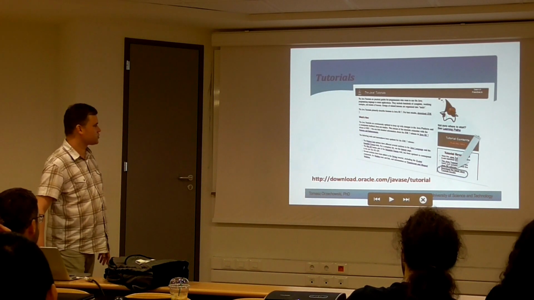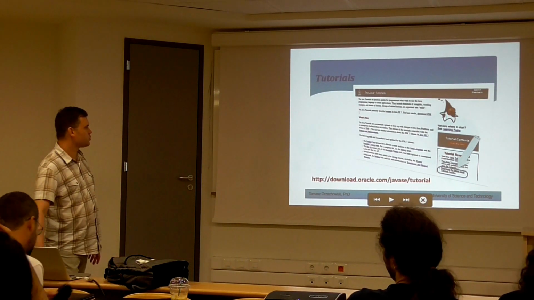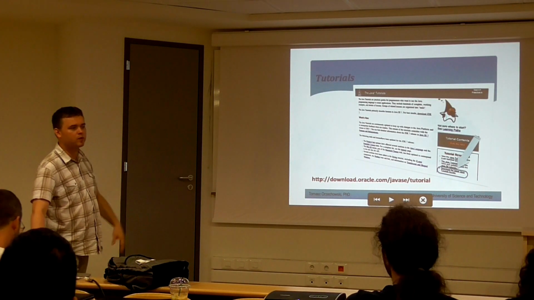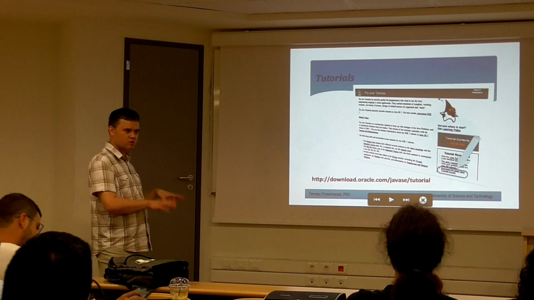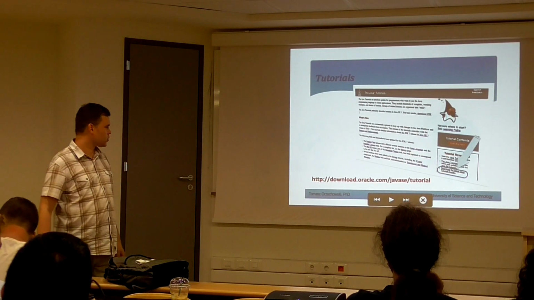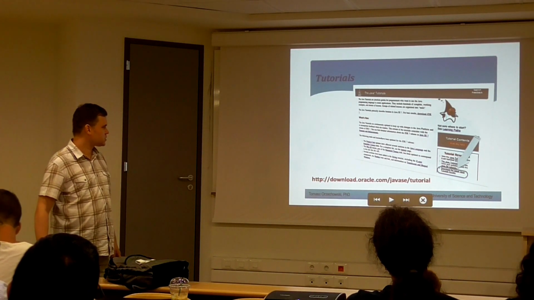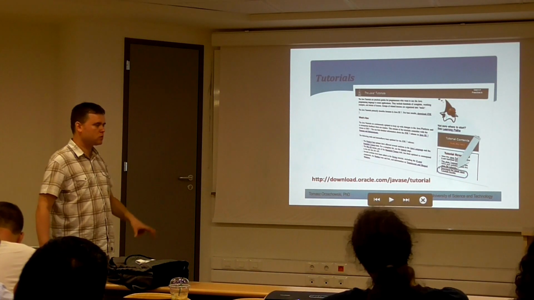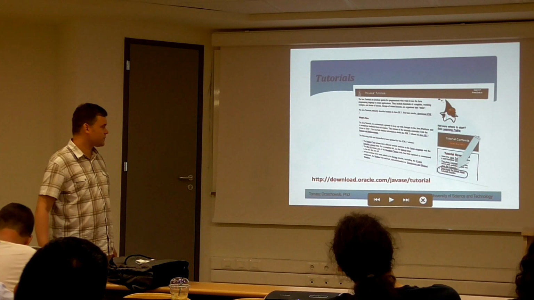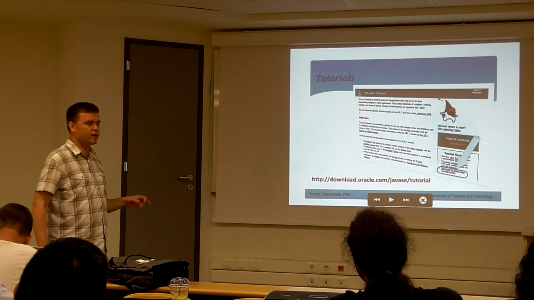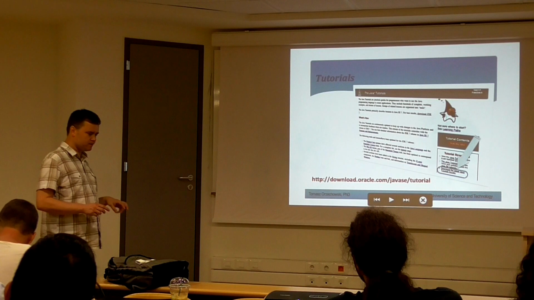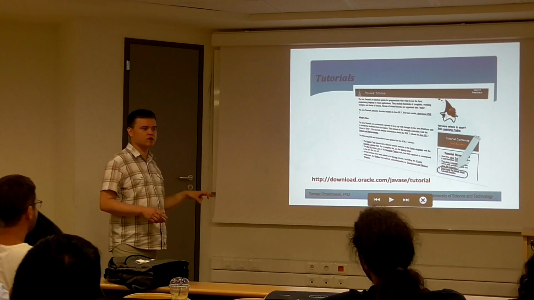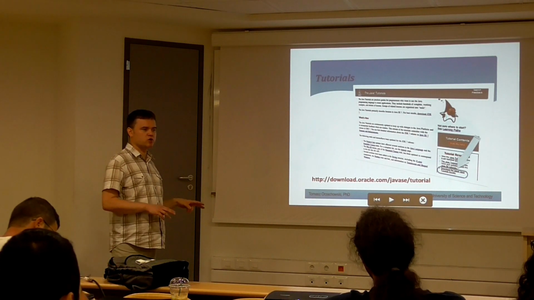Also, there are some tutorials available on the Oracle webpage, so you can download them and, step by step on your own, try to develop your application from very simple to much more advanced. The tutorial is really good because there are some good examples for different features available in Java.